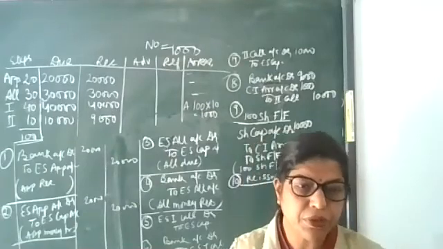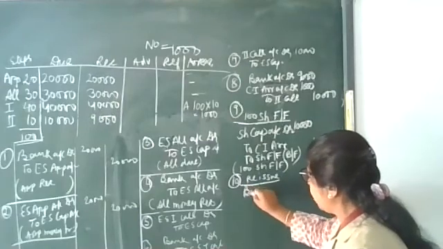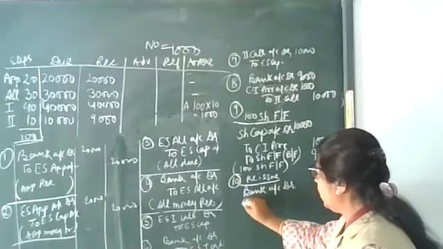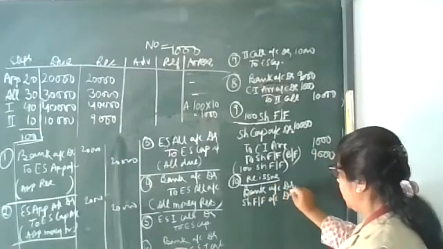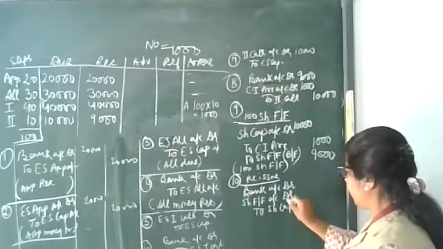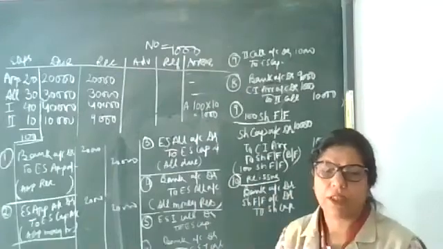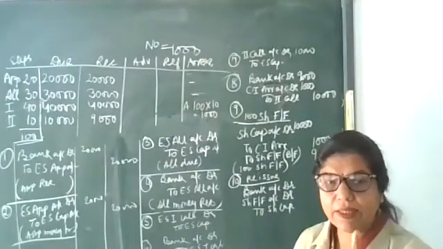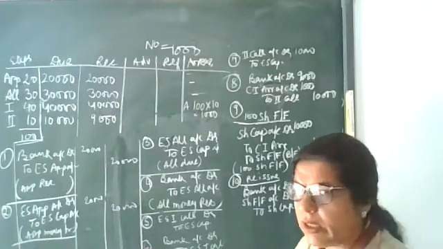So reissue means bank account debit, share forfeiture account debit, to share capital. This entry is also fixed. Now bank account debit. Just now I told you that these shares are reissued at rupees 90.